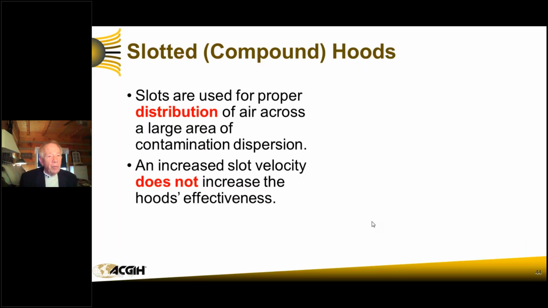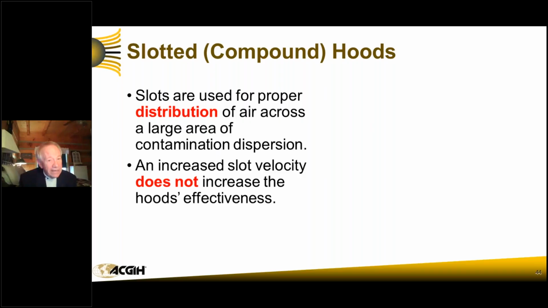Let's talk about them a little bit more. Slots, otherwise known as compound hoods, are used for proper distribution of air across a large area of contaminant dispersion. Here's a common misnomer. Everybody thinks this is true: an increased slot velocity does not increase the hood's effectiveness. Now, if you increase the slot velocity by simultaneously increasing the volumetric flow rate, then yes.